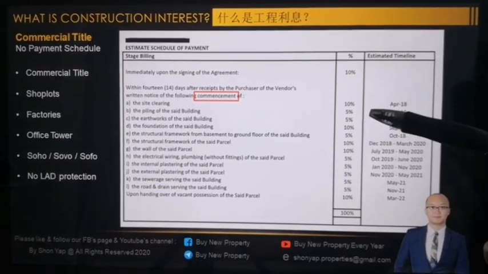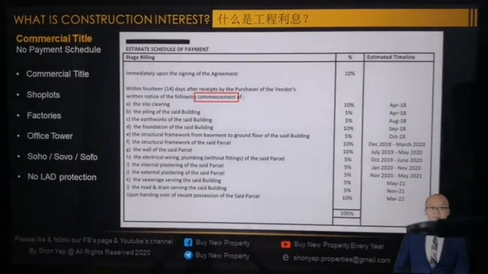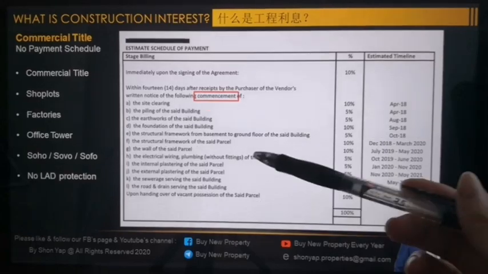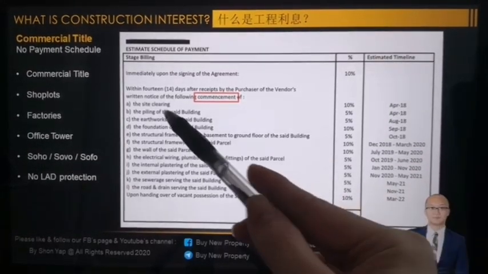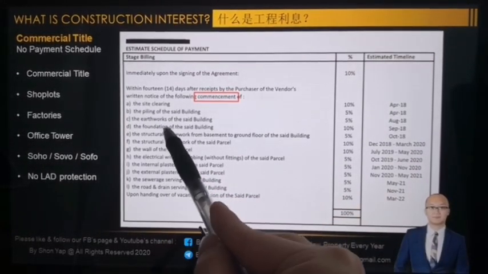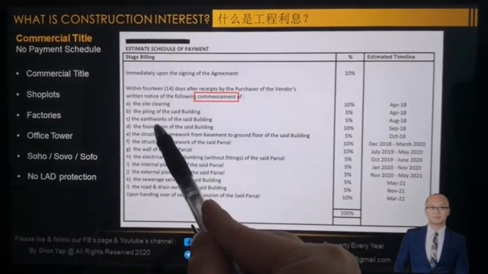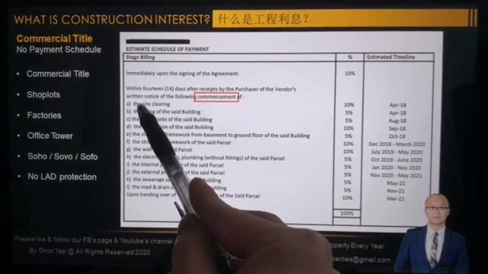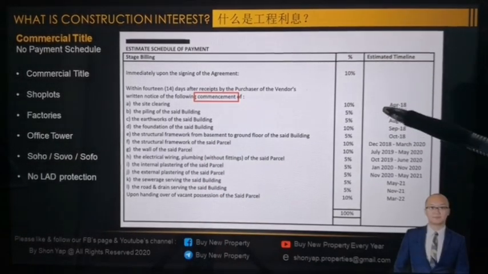So this is one of the payment schedules in PJ. As you can see from here, the site clearing, the piling, the setting of the building, earthwork, foundation, A, B, C, D for these 2 stages.